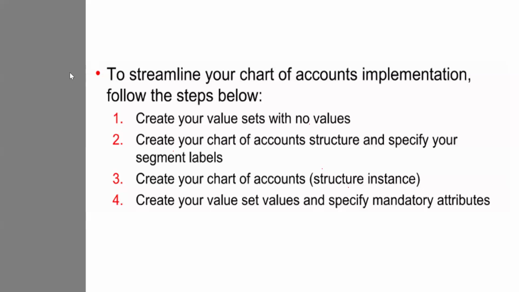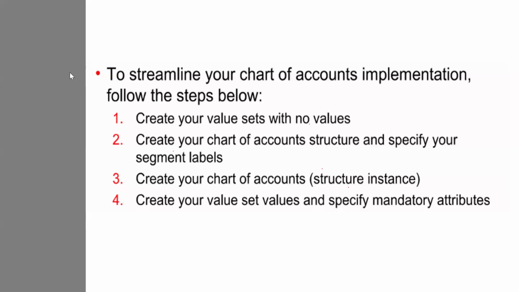Once we complete that, then we can create a chart of account structure. At the chart of account structure, you can assign the segment labels and the value sets we created before. The same value sets we created first can be assigned at the structure creation level.